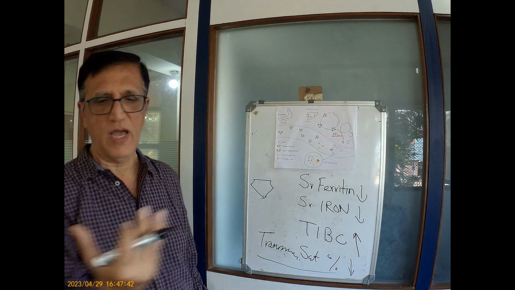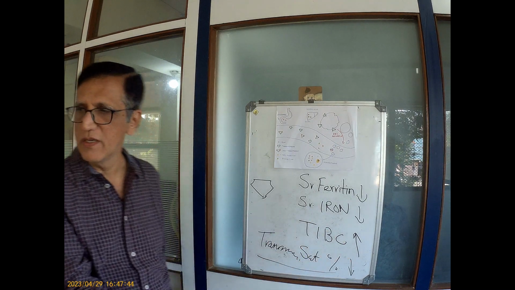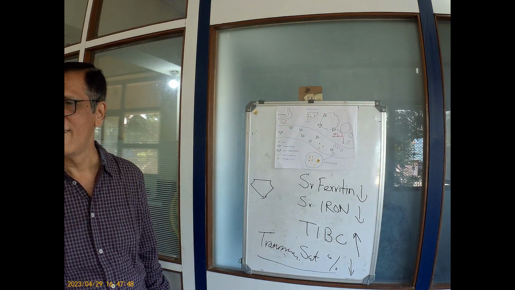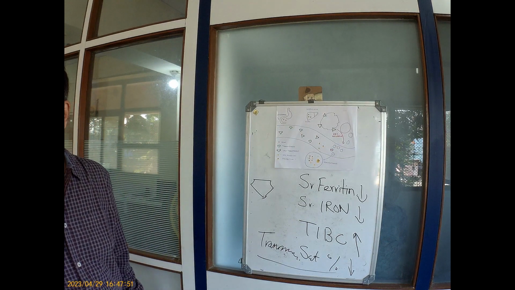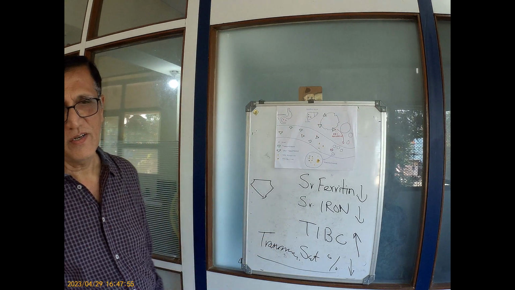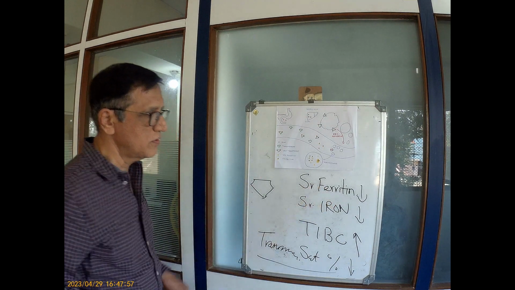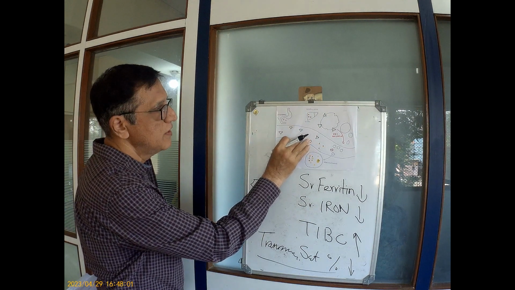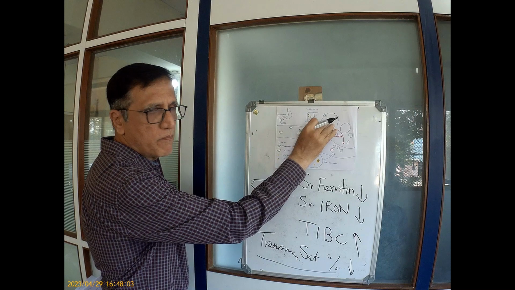So when you are seeing a hypochromic microcytic anemia, this person has gone through all this. Now, iron comes in, attached to transferrin, goes to the myeloid tissues.